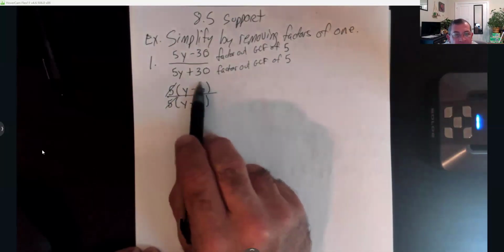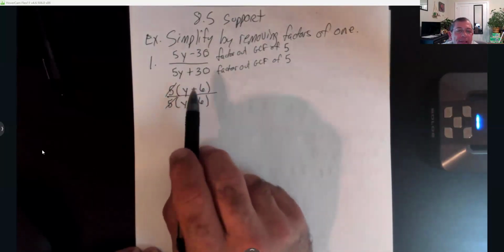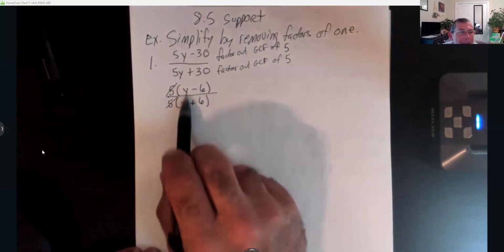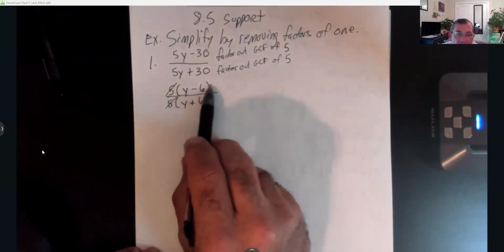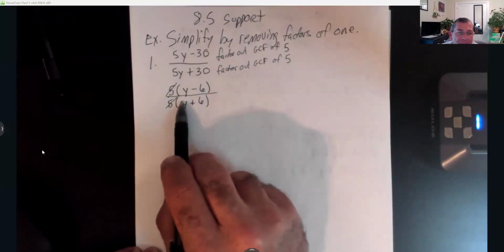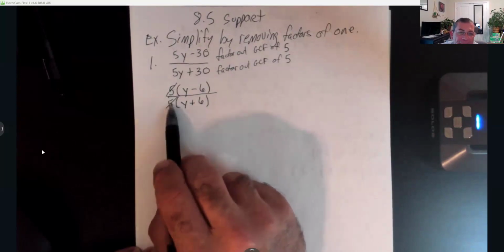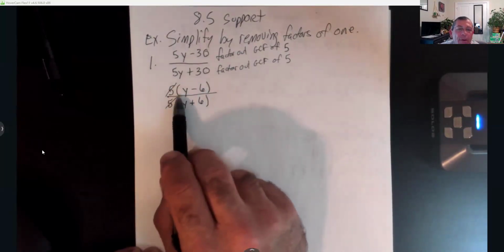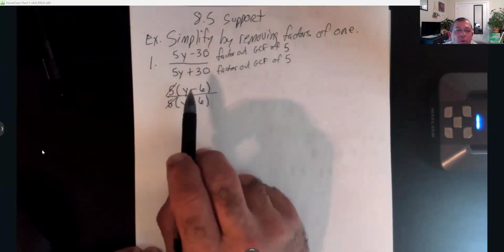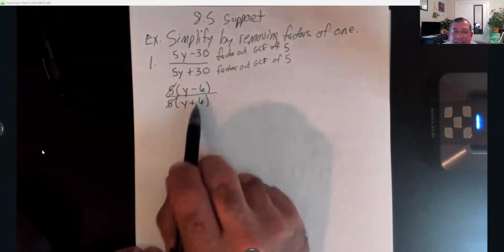When you've got factors like this y minus 6, you can't come in and cancel out the y. That's not what happens. You have to cancel out a whole factor when you factor and cancel by factors, okay? Single factors you can cancel, but binomial factors like this only cancel when they look exactly the same.